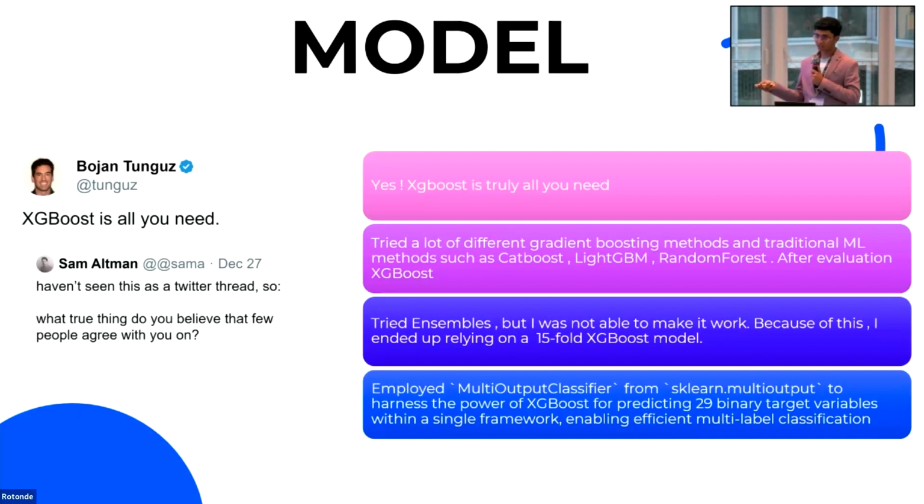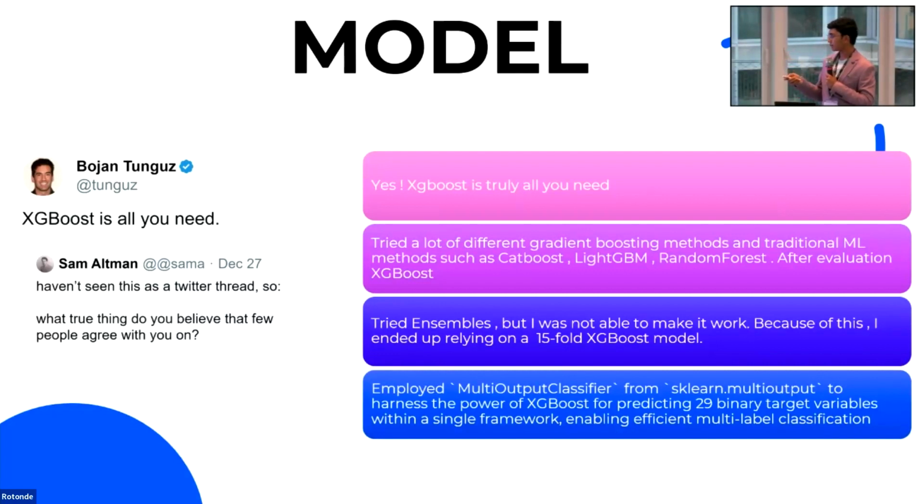What this does is really simple. Since there are 29 binary targets, it creates 29 XGBoost models, one for each of the targets. So each target has one model, and this is all very simply wrapped behind MultiOutputClassifier, which makes it much easier and much more readable for me to do a mundane work. So that was the main model of my solution.